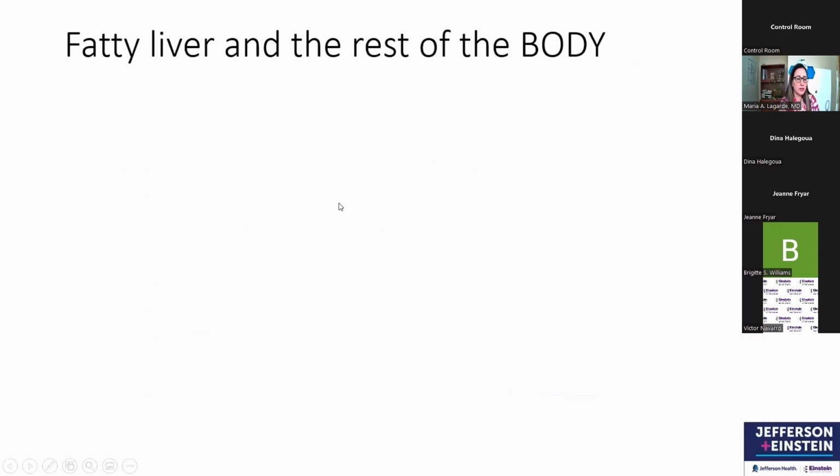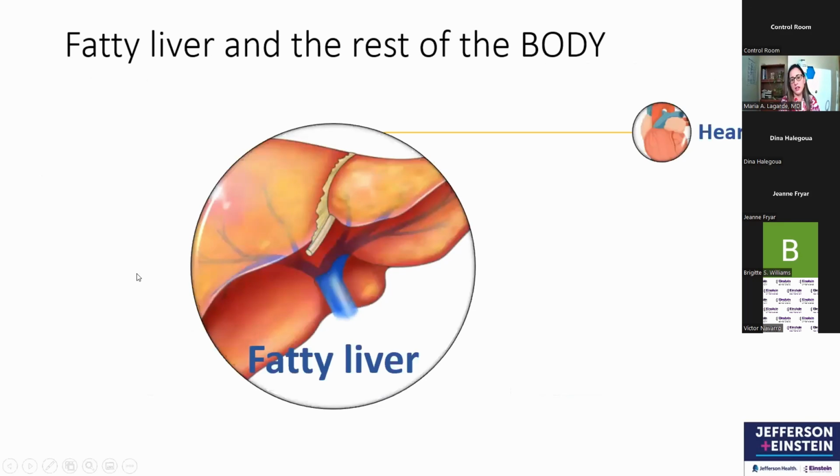So how does the liver relate to the rest of the body and the rest of your health? Well, we have talked about this at length. The liver is not alone, and it's very well linked to the rest of your body.